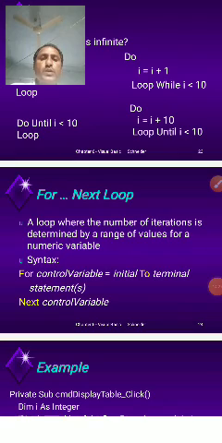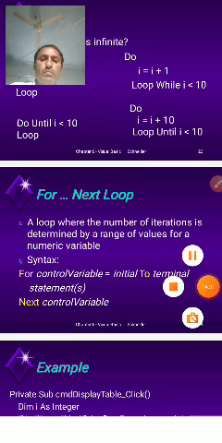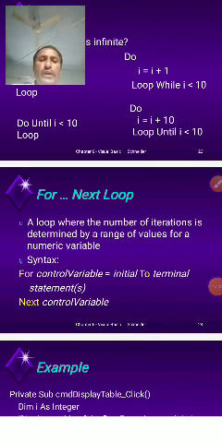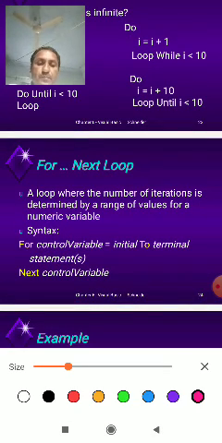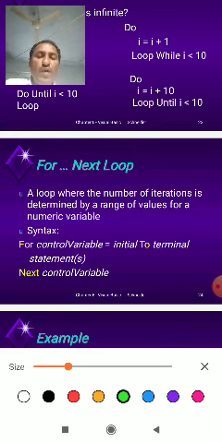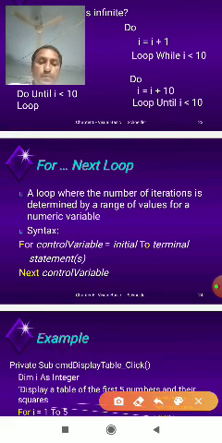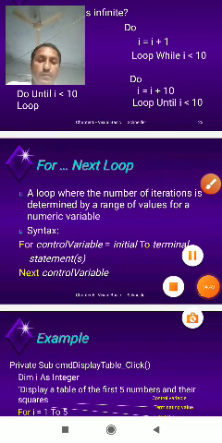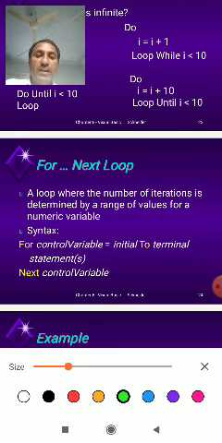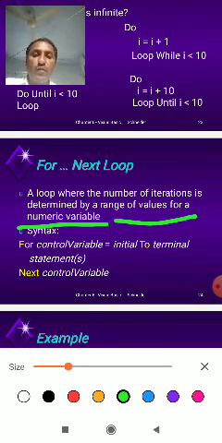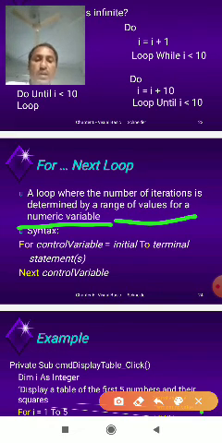So in a for loop, the number of iterations is determined by the loop, which runs over a range of values in a numeric variable, in the given syntax.